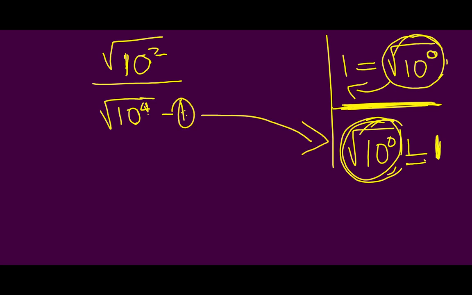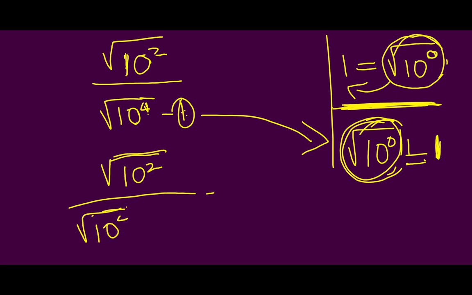So I'm going to do that. So it's square root of 10 to exponent 2 divided by square root of 10 to exponent 4 minus this square root of 10 to exponent 0, right? I hope we're still together.